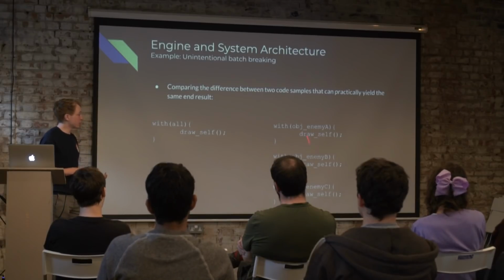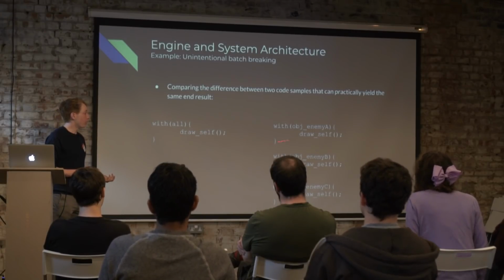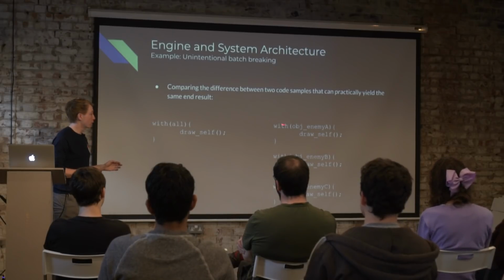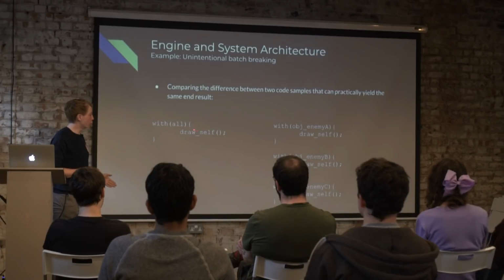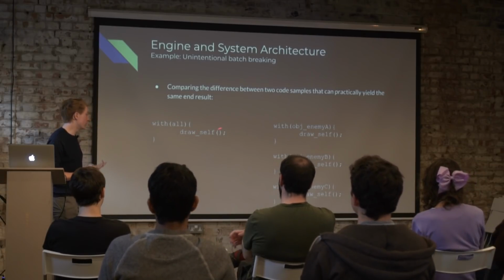But this example is likely to be far faster than this one because we have explicit control over how things are being rendered. In this one, the order in which the enemies are rendered will be based on their creation order by default.